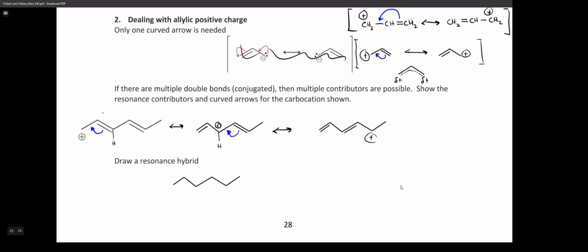So I could draw a hybrid like this. Most people don't curve them like that, but okay. And where are the partial positives? Counting from the left, wherever there was a positive. So this would be the first one, the third one, and the fifth one.